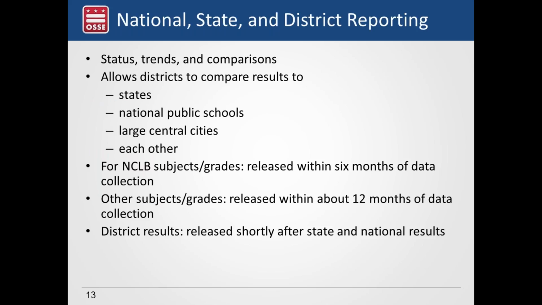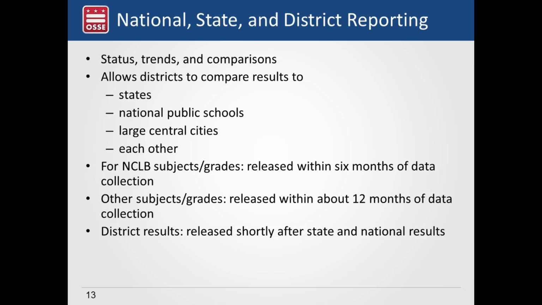The NAEP reading and math results are normally released 6 months after the close of the assessment window. Therefore, we would expect to see results this year around September or October. For other assessments beyond mathematics and reading, it may take anywhere from 12 to 18 months to release those results.